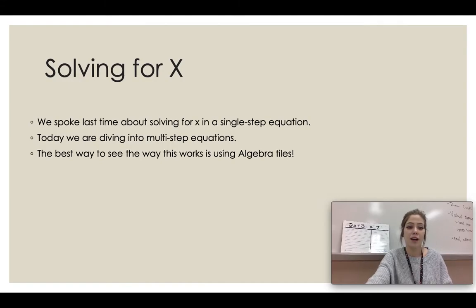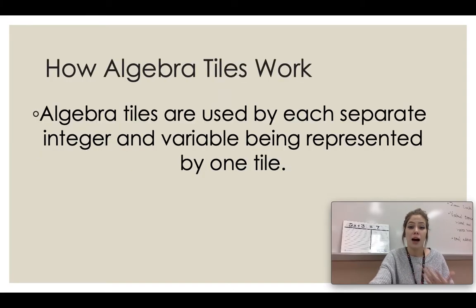Solving for x in multi-step equations works best when you are using algebra tiles. How algebra tiles work is that each separate integer and variable is represented by one tile each. Now, who can tell me what an integer is? Very good. An integer is a number. And who can tell me what a variable is?